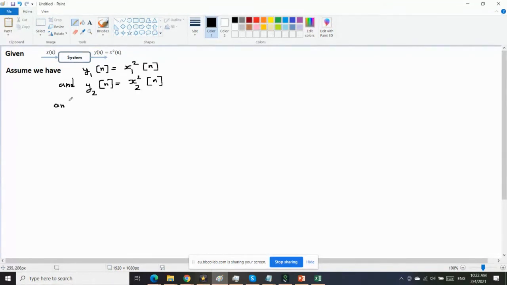And that x[n] is a linear combination of x1 and x2.